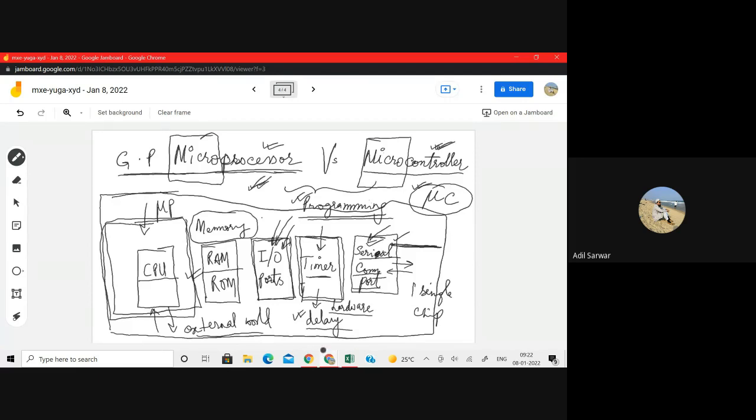So what advantage do we get, and what are the disadvantages associated with keeping all these peripherals, memory and IO ports in the chip? If I talk in terms of advantage, then everything becomes compact, isn't it? Everything is in a single chip.